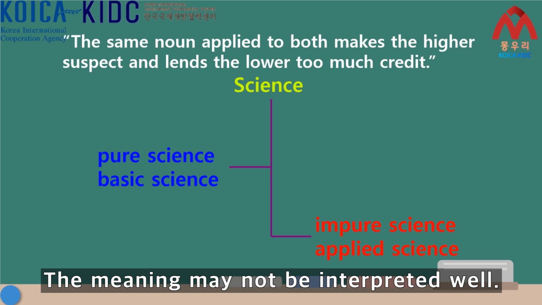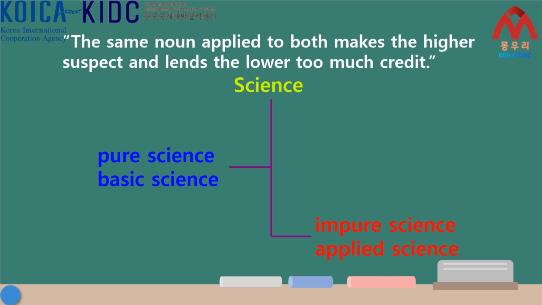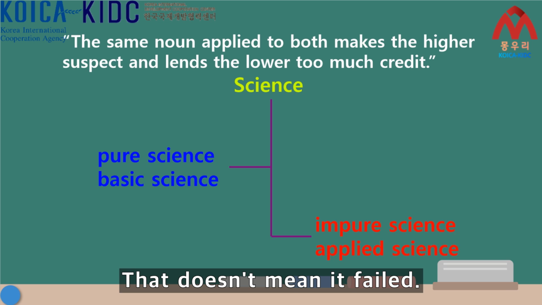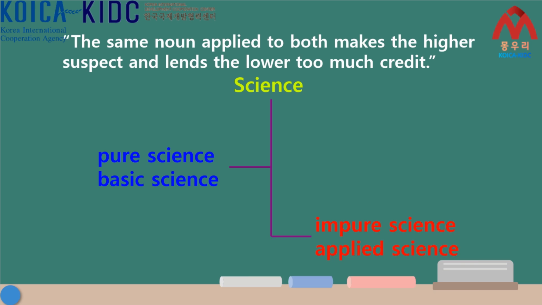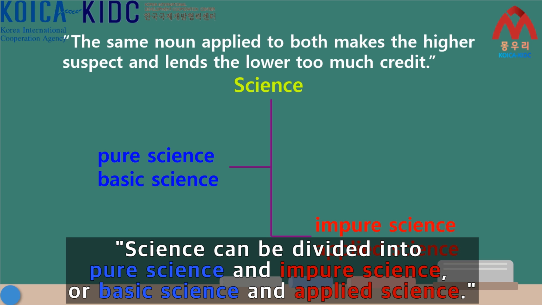The meaning may not be interpreted well. That doesn't mean it failed, because we are already guessing the whole sentence. Science can be divided into pure science and impure science, or basic science and applied science.